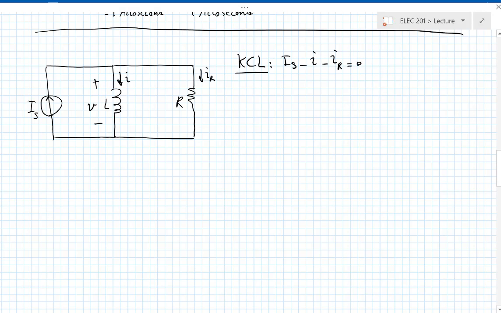So KCL does not force IS and I to be the same anymore, because there is that I sub R that can take part of that burden. So qualitatively, what do you expect would happen the moment that transition happens?